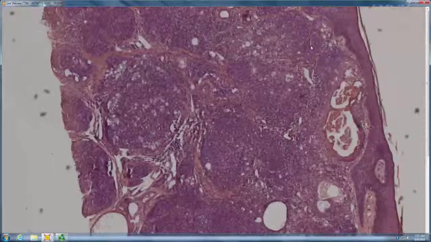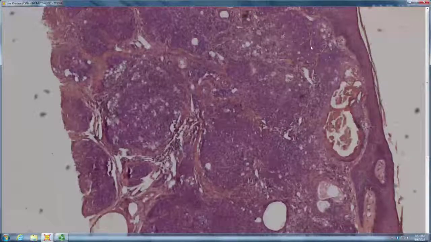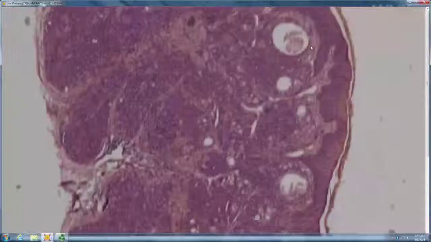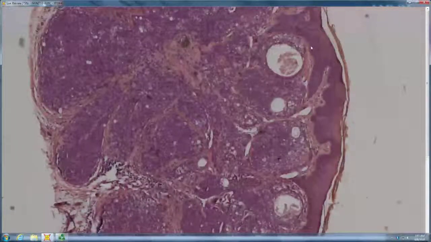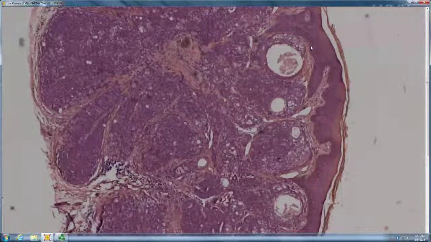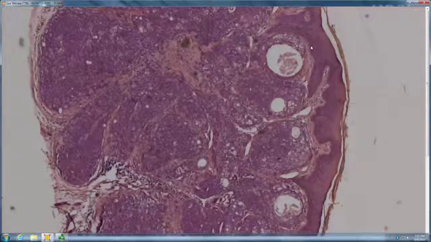It's more basaloid. And so some people call these sebaceous epithelioma when it's a pretty well-defined lobule, but it's much more than 50% basaloid. Some people will use that term, sebaceous epithelioma.